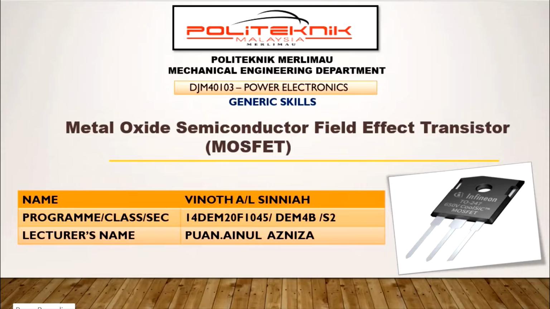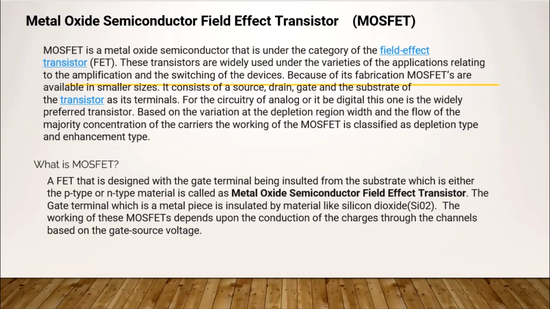Today I am going to explain about the metal oxide semiconductor field effect transistor, MOSFET. MOSFET is a metal oxide semiconductor that is under the category of the field effect transistor.